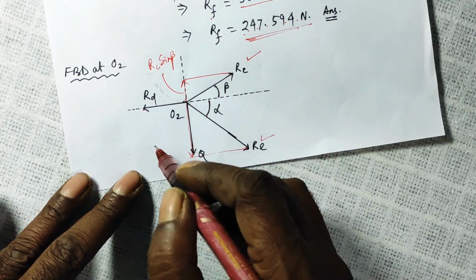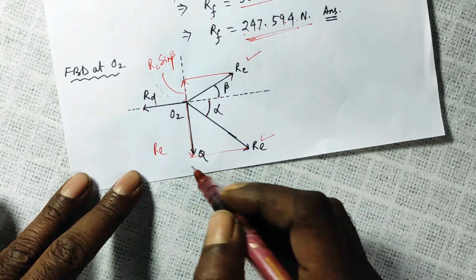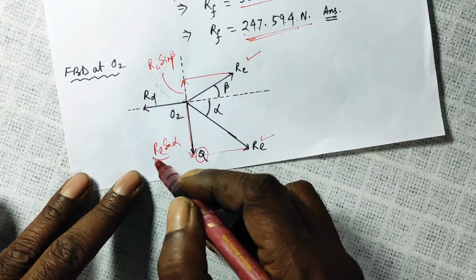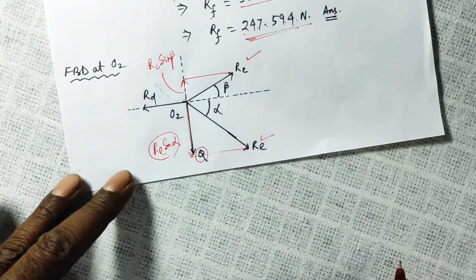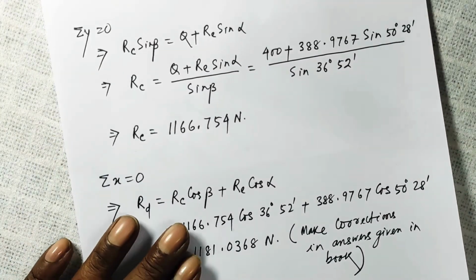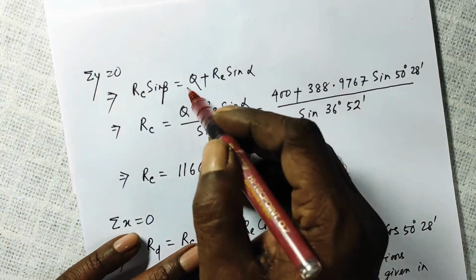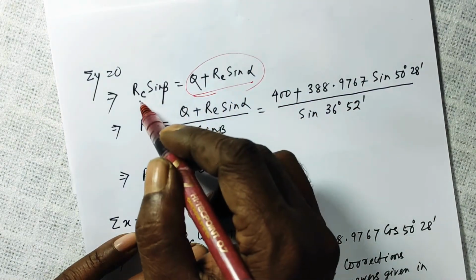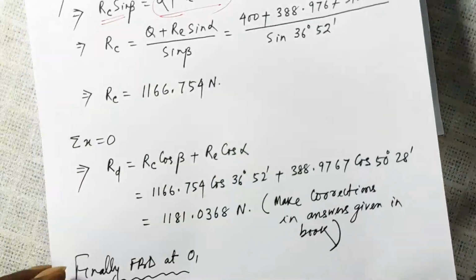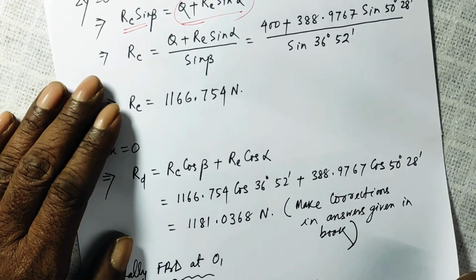This one will be your RE sine alpha, and Q and RE sine alpha are in the same direction, so they will be added. So Q and RE sine alpha are being opposed by RC sine beta, to make sigma y is equal to 0.